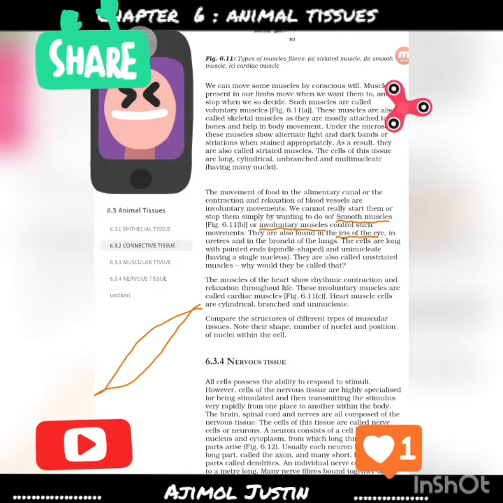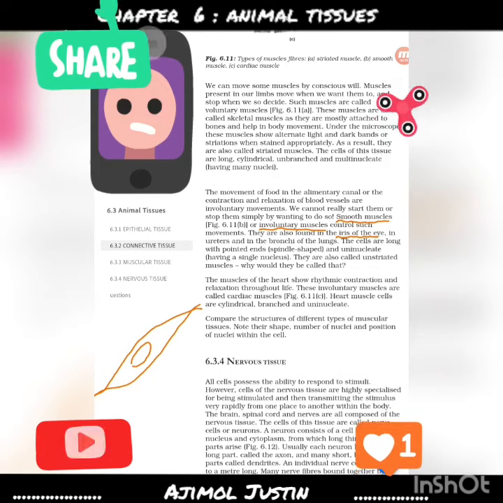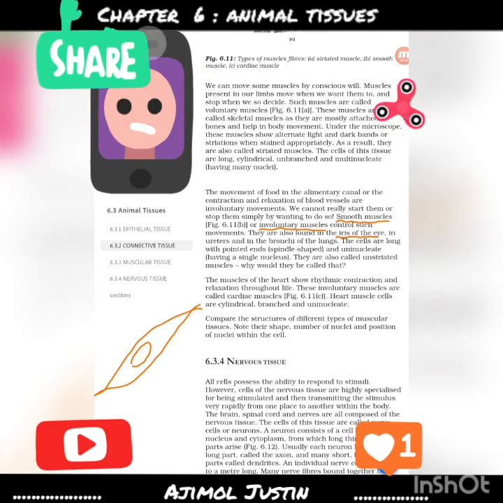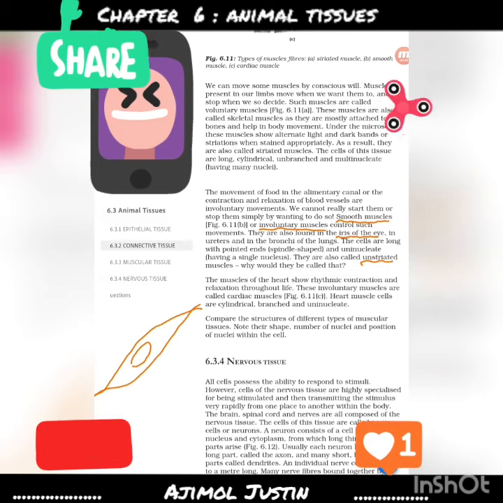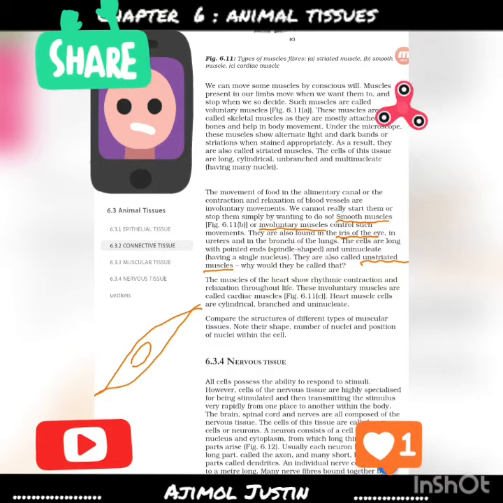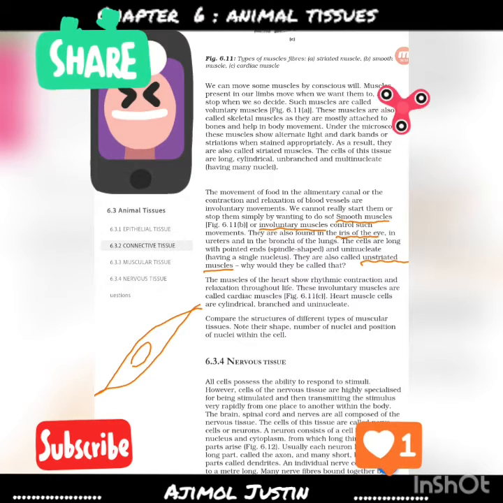They are uninucleated, they have only one nucleus, and they don't have any striations, no light and dark bands. So they are also called unstriated muscles. So this particular muscle has three names: involuntary muscle, smooth muscle, or unstriated muscle. These three are the same.